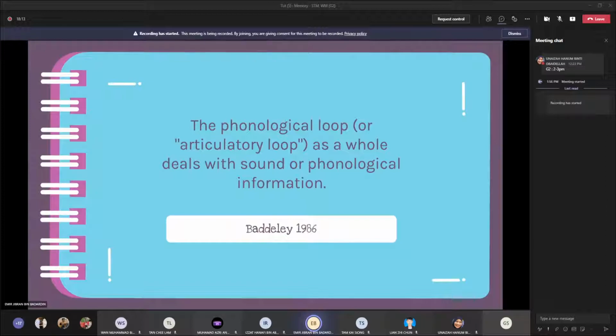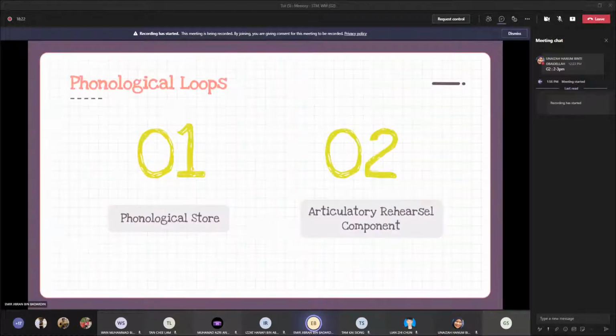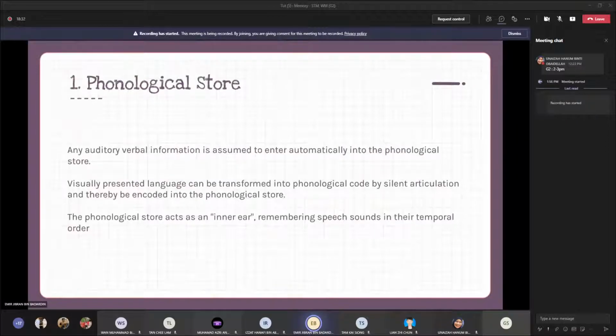Okay, the phonological loop or articulatory loop as a whole deals with sound or phonological information. So it is divided into two. One is the phonological store and the second one is the articulatory rehearsal component. So in the phonological store, any auditory verbal information is assumed to enter automatically.